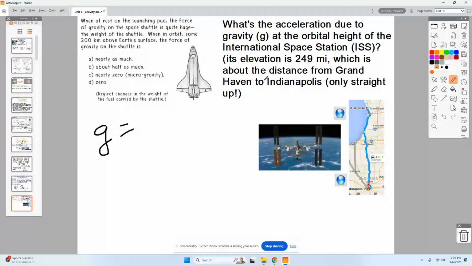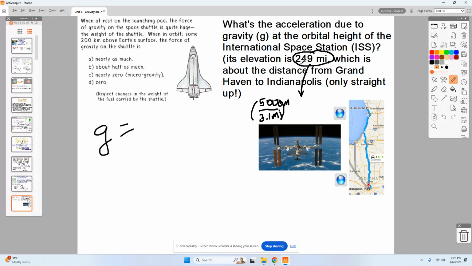Now, if you need to do a conversion, 249 miles, I use this conversion, because I don't always have access to Google. I would say 3.1 miles is equivalent to 5,000 meters, and I know that because of the cross-country runners, that you run a 5K race, but that's actually 3.1 miles.